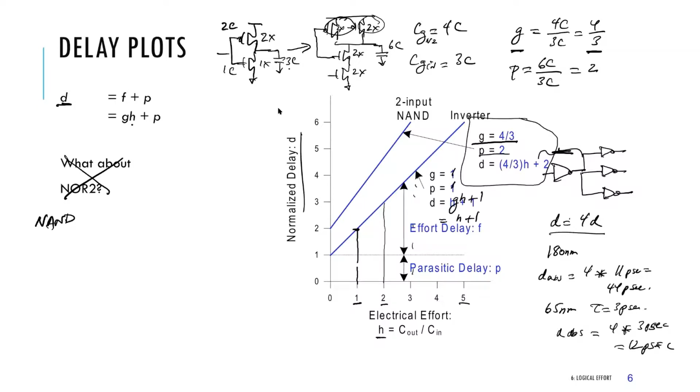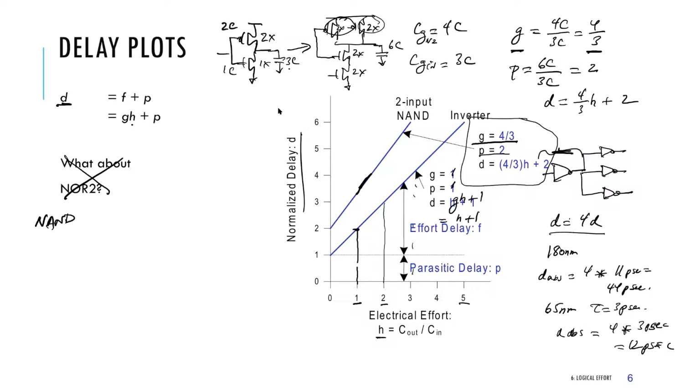So this delay ends up being G times H plus P, so 4/3 H plus 2. That gives us this sharper slope curve, which says that if you have, let's say, what did we say?